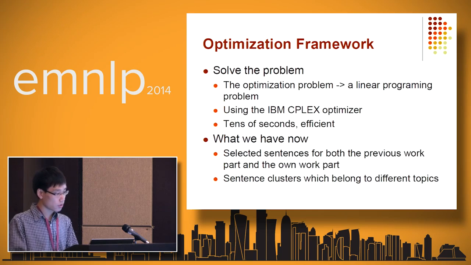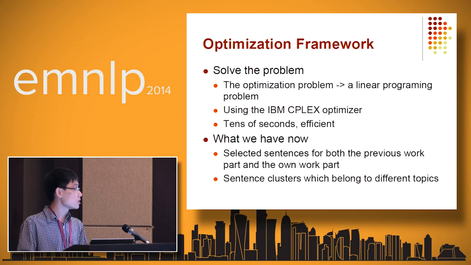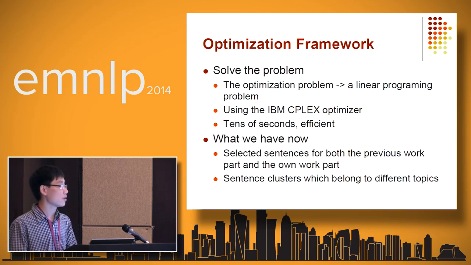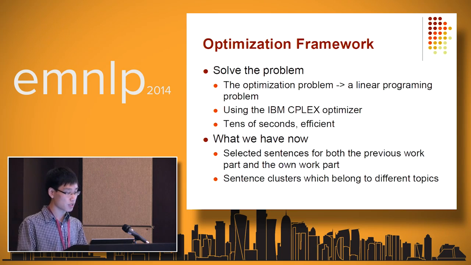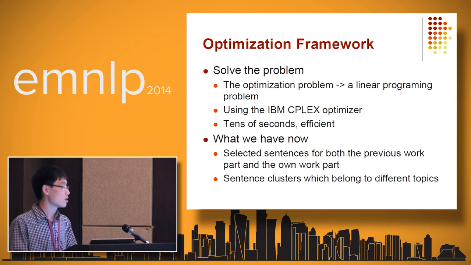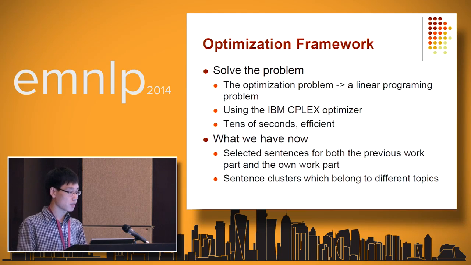So we can transform this optimization problem to a linear programming problem. Then we use the IBM simplex optimizer to solve this problem, and it usually takes tens of seconds to solve it, and I think it's efficient.